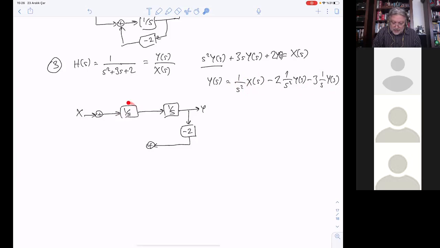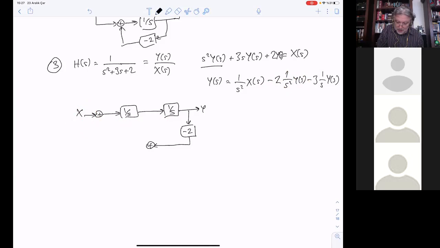So there's a 1 over s system, and its output also goes to another 1 over s system to contribute to y. But there are, of course, other components that need to be added onto x. X itself is not only integrated twice. There are other things. For example, y of s times minus 2 here, minus 2 times y of s, is also integrated twice, 1 over s squared.